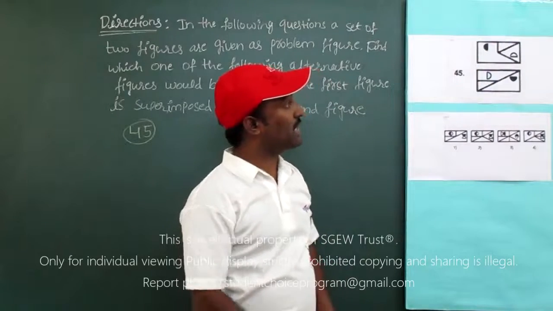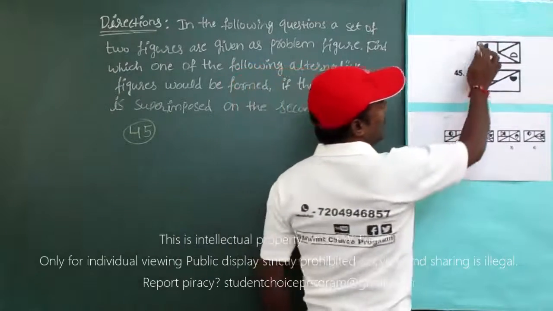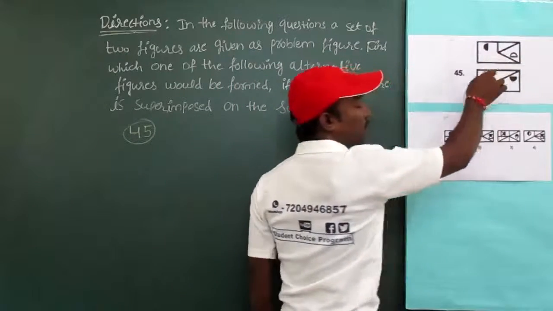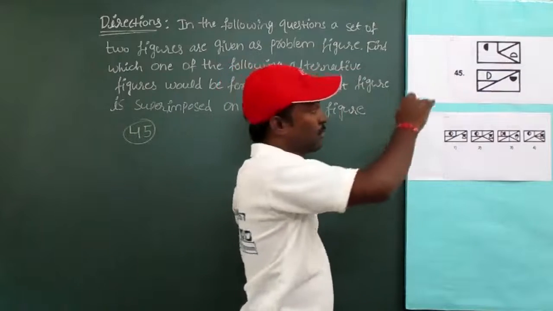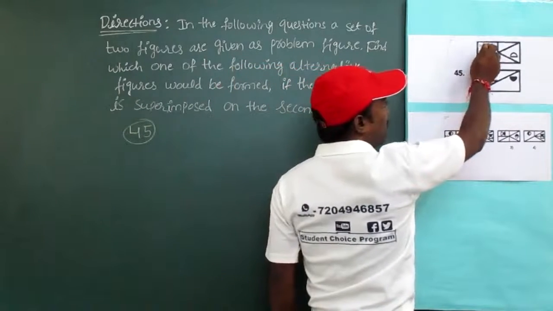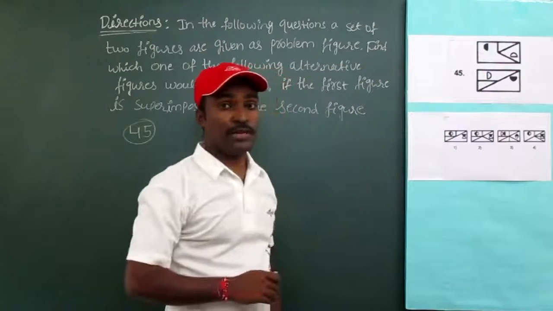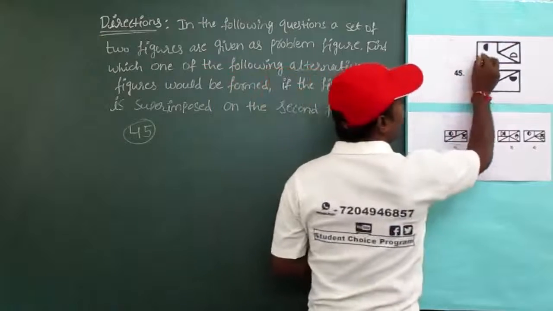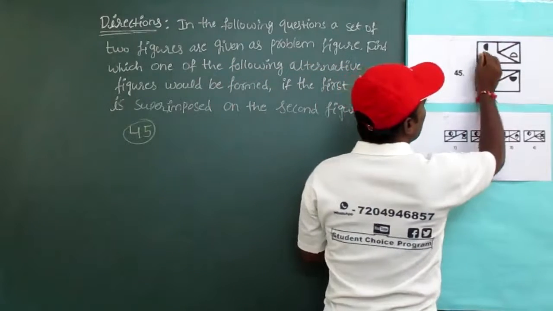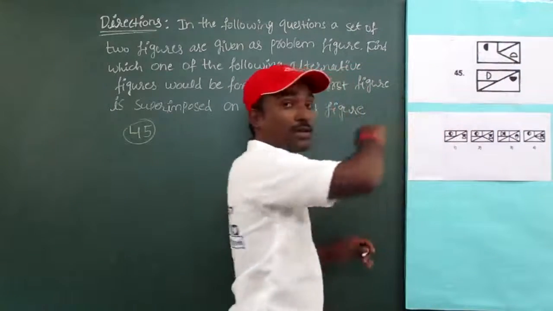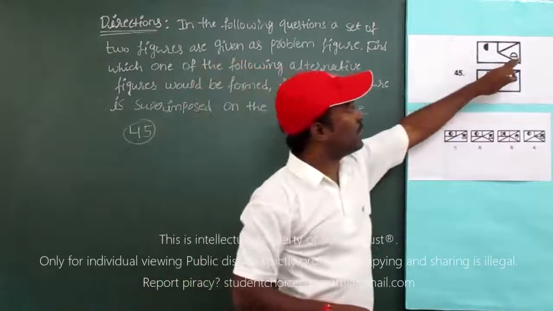And one more thing, if you divide this rectangle into two parts, this will appear at the bottom part of the rectangle, and this semicircle will appear at the top part of the rectangle.